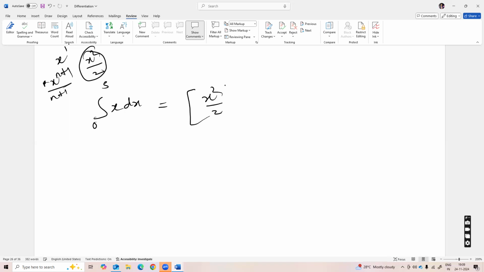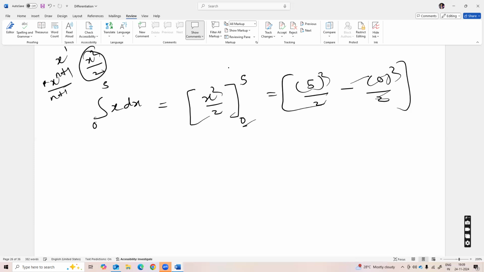We write x squared by 2 with limits 0 to 5. We put the upper limit first, so it is 5 squared by 2 minus 0 squared by 2. The second term is 0, so we get 25 by 2.